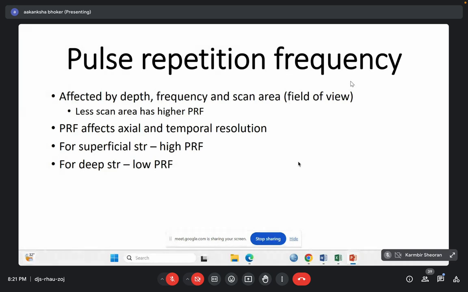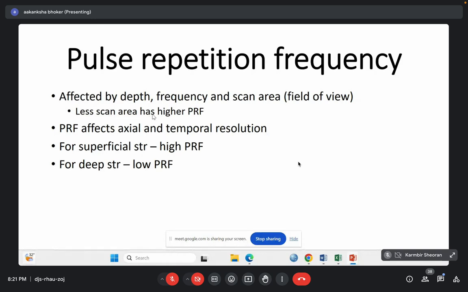At 30 degrees, scan area is less, PRF will be more. Similarly with depth, as I told you, the higher the depth, the lower the PRF will be. And this PRF affects the axial resolution.